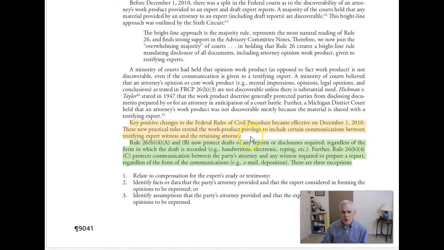There are some fairly new rules that extend the work product privilege to certain communications between the testifying expert witness, you the accountant, and the retaining attorney.